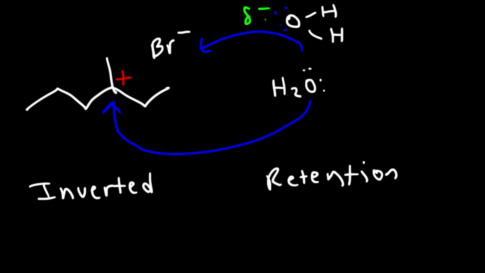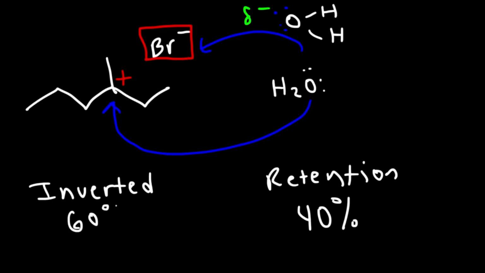Now, as water approaches, it's going to be repelled by the bromide ion, because the bromide ion has a negative charge, and oxygen has a partial negative charge, and so those two will repel each other. So due to that repulsion of the bromide ion and the water, we are going to get less of the retention product and more of the inverted product.